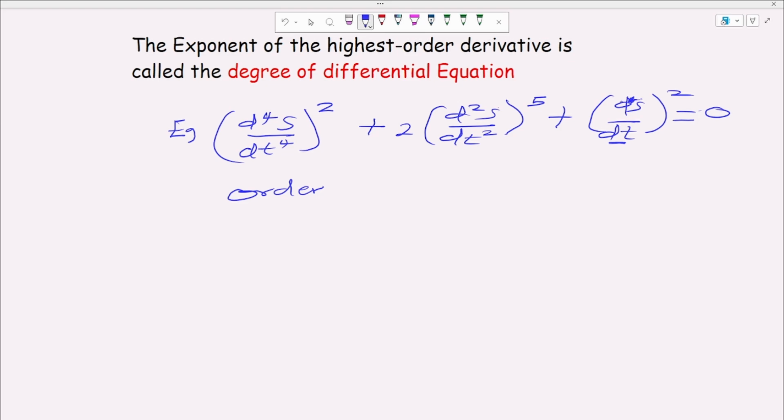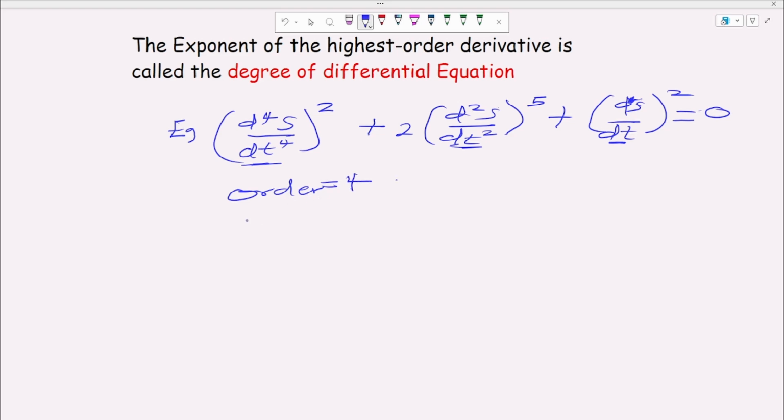The number there will determine the differential. So here it is once, here it is twice, and here it's 4 times. So automatically, going by the definition, the highest derivative is 4. So the order is 4, or we can say 4th order.